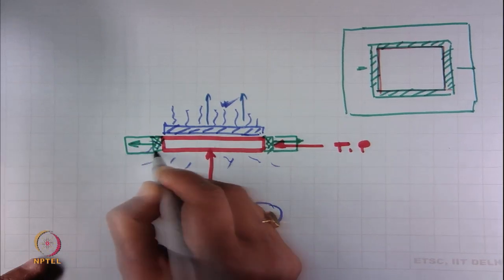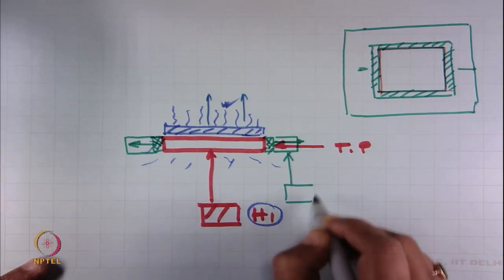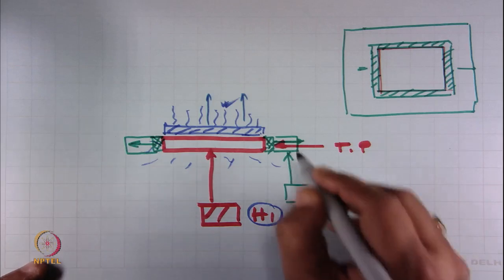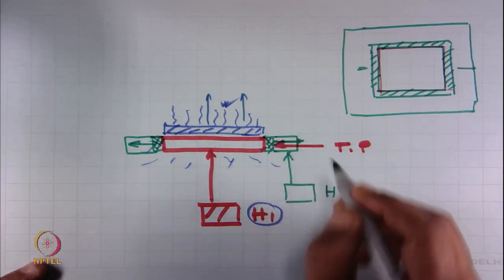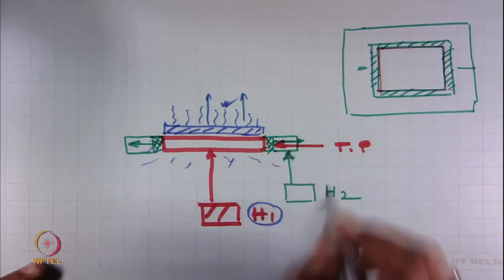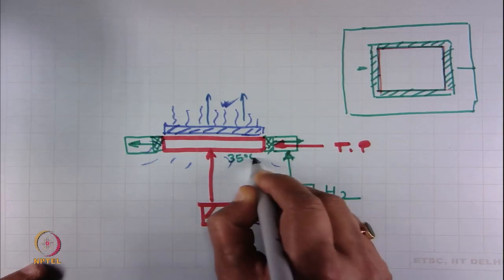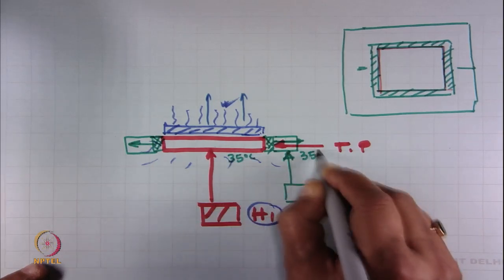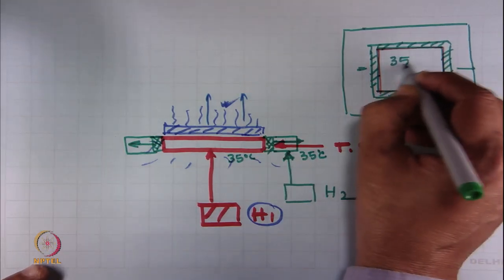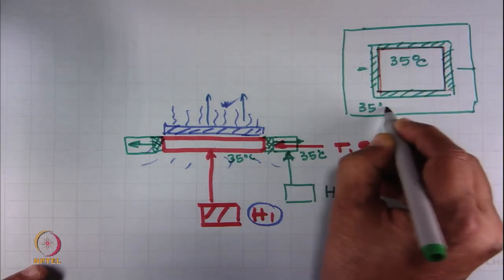The guard ring is heated with another heater, H2, and this heater is providing the heat to the guard ring to maintain the same temperature. Suppose the plate temperature is 35 degree Celsius, here also exactly 35 degree Celsius temperature we are maintaining.